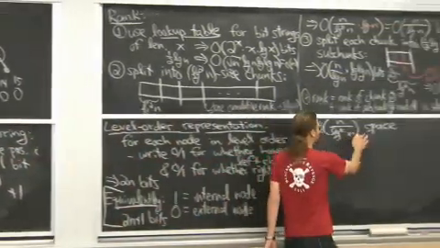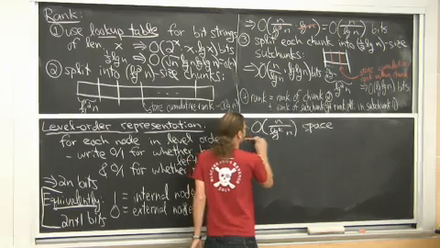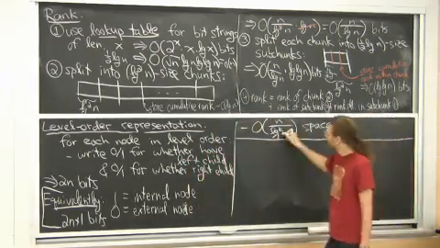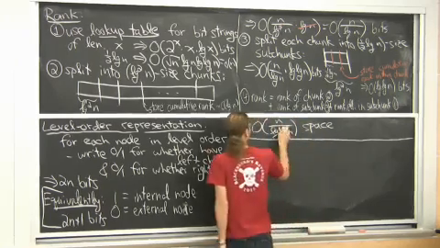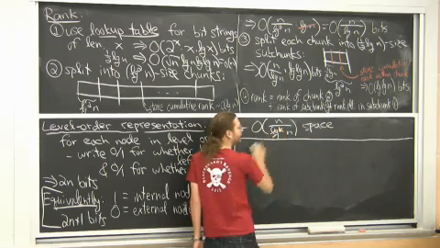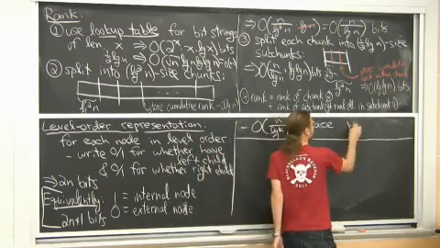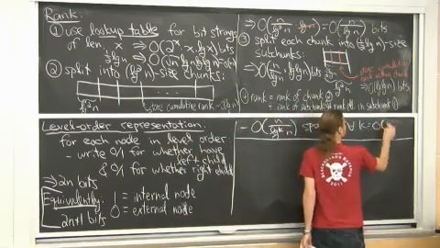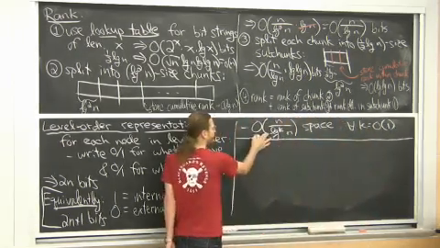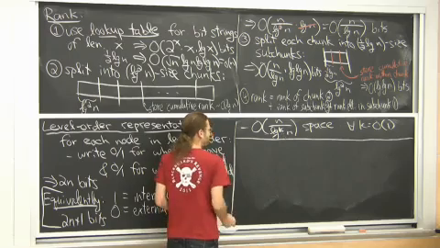This is a result of Patrascu from 2008. I'm not going to go into how it's done. This is for any constant k. It would be nice to do better, like square root of n or something, but my guess is there's a matching lower bound. I don't think that's known.